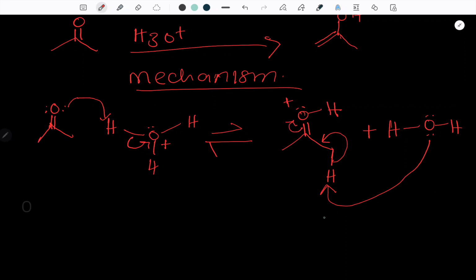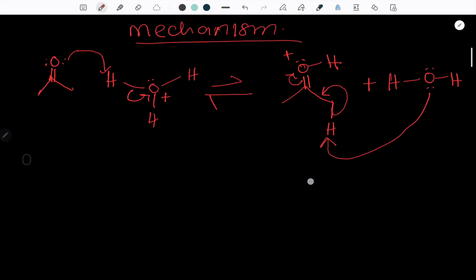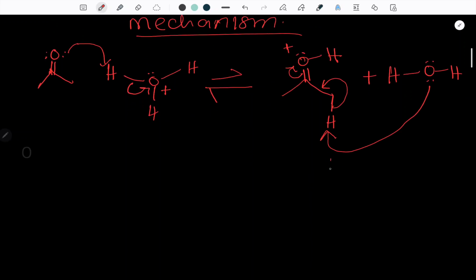Now from here, our product will be, in fact this is the final product, because it has a double bond between this carbon and the alpha carbon, making it an enol, plus the acid, which is H3O plus.